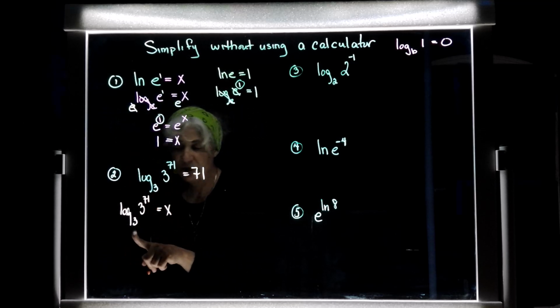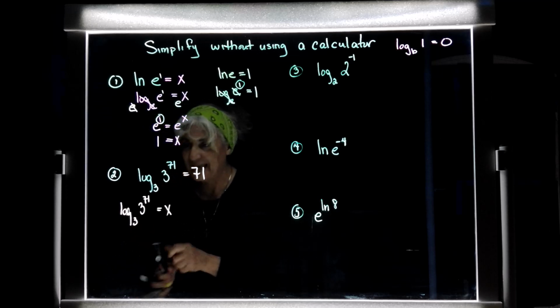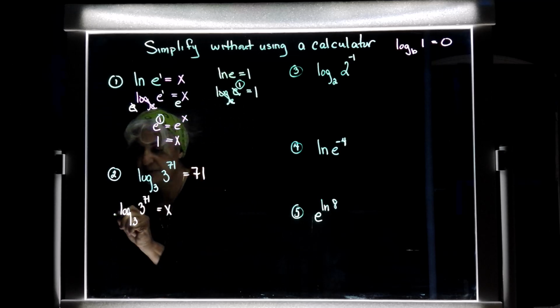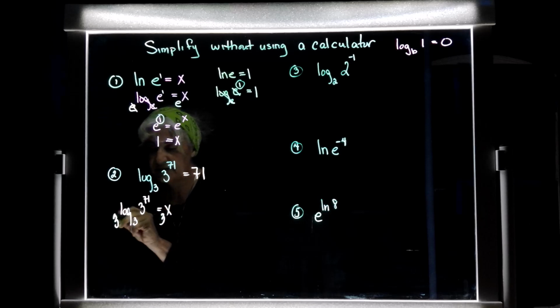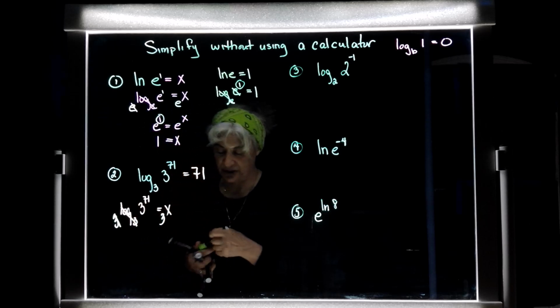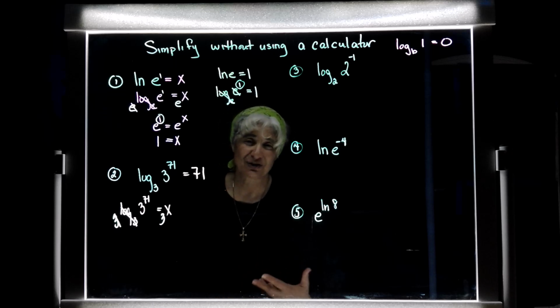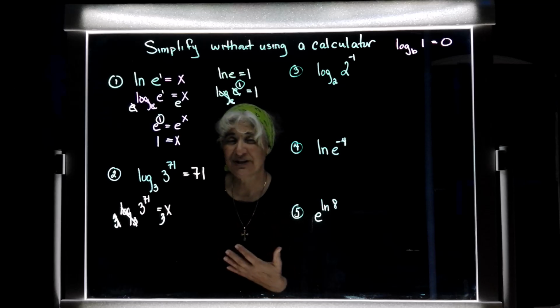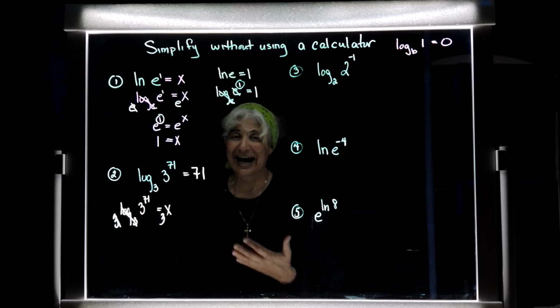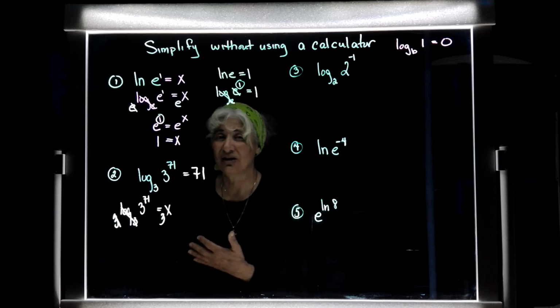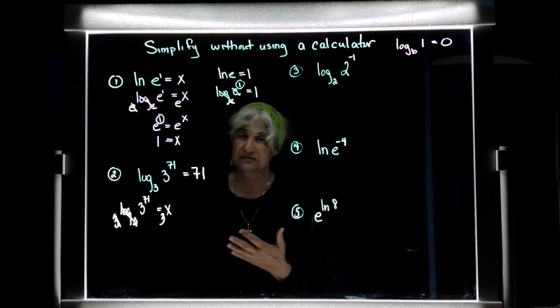I'm going to cancel the log away by taking an exponential base 3 on both sides so I could cancel the log base 3. You're like, why do you do that? I don't like logs without using the calculator. I can deal with the exponential better without a calculator than I can deal with a log without a calculator.